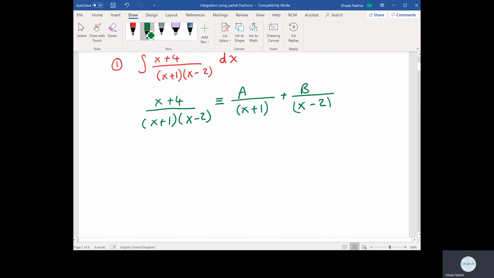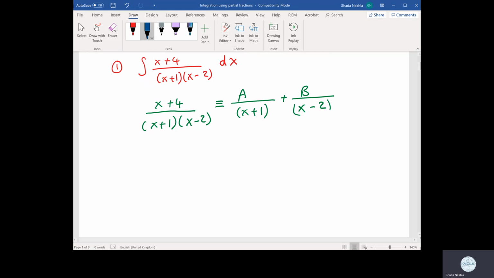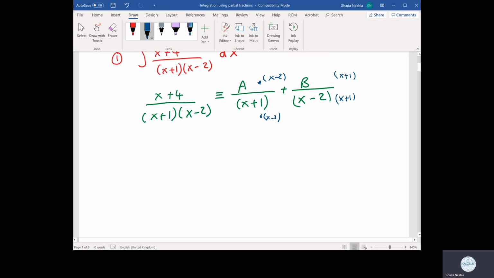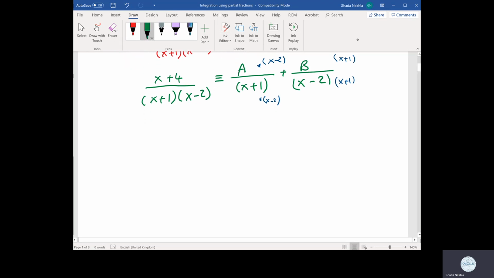Now the first thing that we need to do is make sure that we have common denominators. So I'm going to multiply a by x minus 2 over x minus 2 and b by x plus 1 over x plus 1. If I do that, then I will have a common denominator for all of them, which is exactly what I'm after.